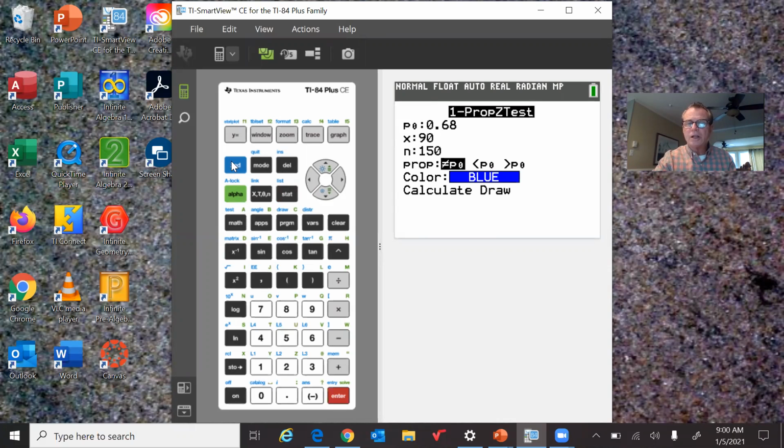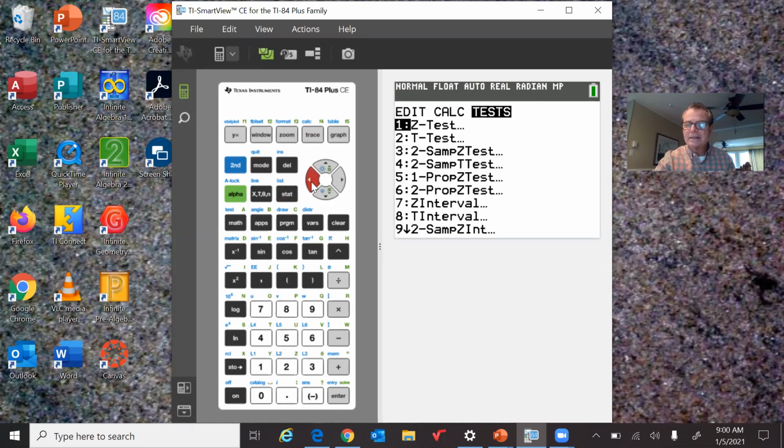If you go second quit, and you go to stat, test, and scroll down to a one proportion Z interval. Remember we did this in chapter 8. It's one proportion. Z is because it's proportions, and it's an interval.